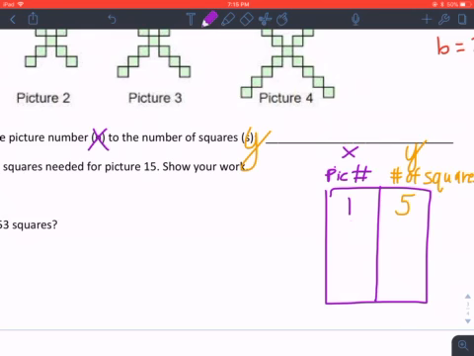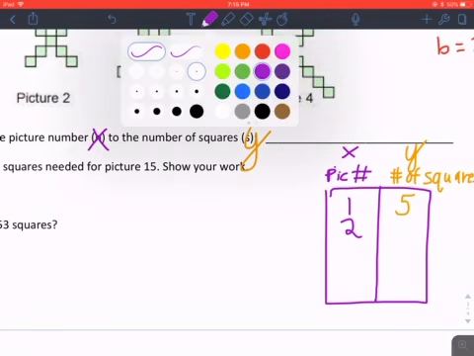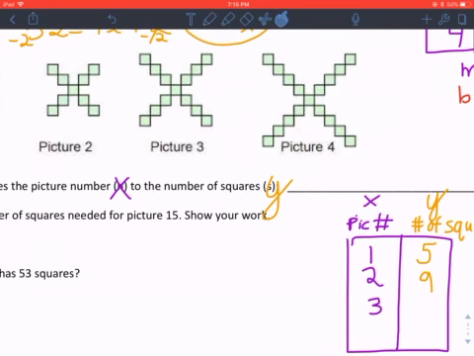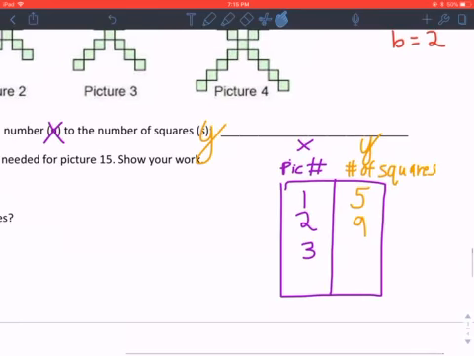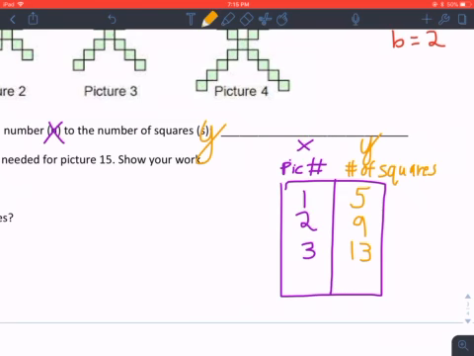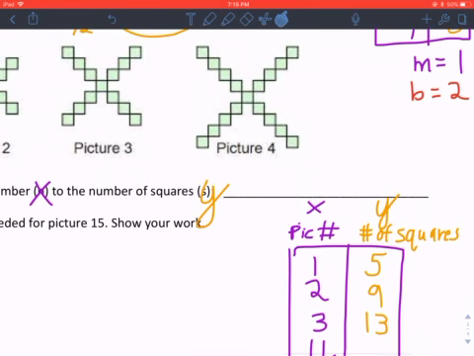Okay, in picture 3, I'm going to count them up. 1, 2, 3, 4, 5, 6, 7, 8, 9, 10, 11, 12, 13 squares. And you may already start seeing the pattern. And in picture 4, I'm going to count them up. 1, 2, 3, 4, 5, 6, 7, 8, 9, 10, 11, 12, 13, 14, 15, 16.